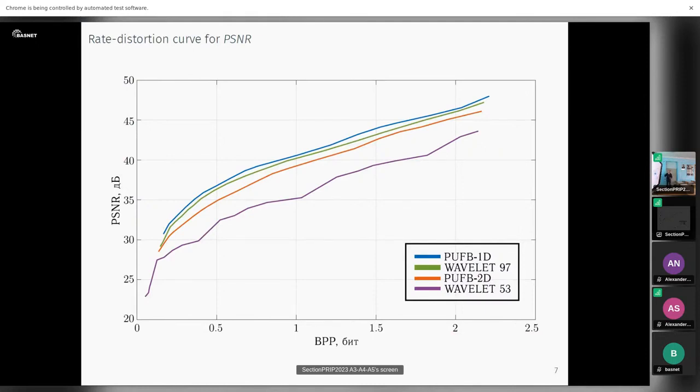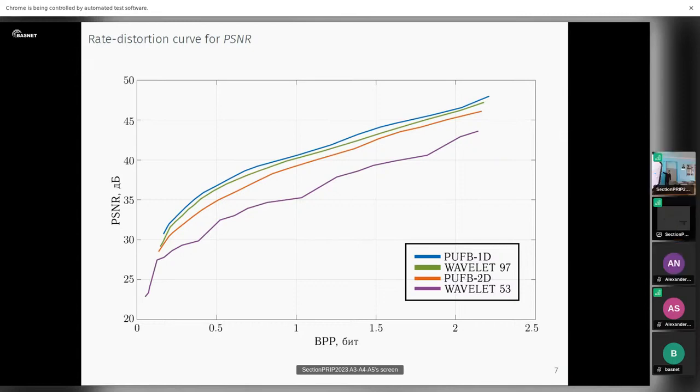So here we have rate-distortion curves, called Bjøntegaard delta. It's like a spline approximation of different bit rates and different results for some metrics. And here are the different transforms. The first one is the separable version of the filter bank. Second is wavelet 9/7. The third one is the non-separable version of such a transform.